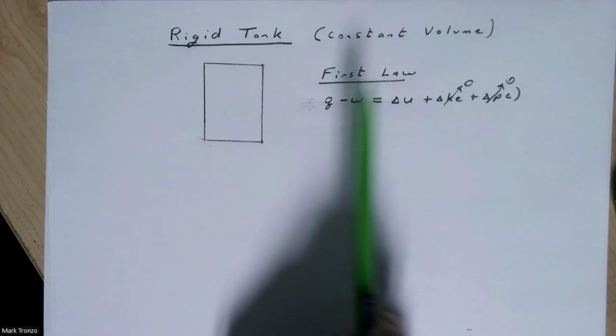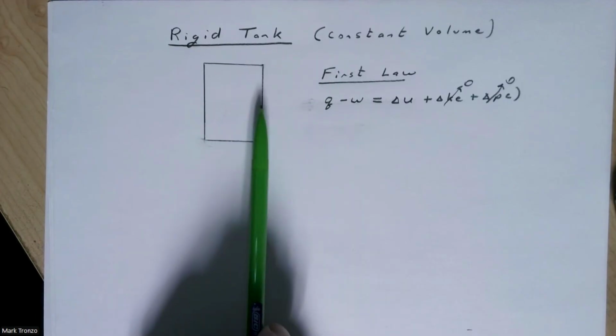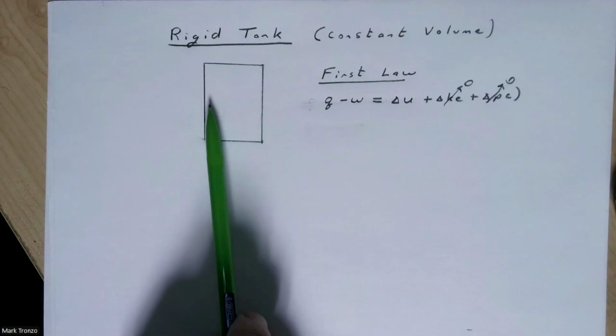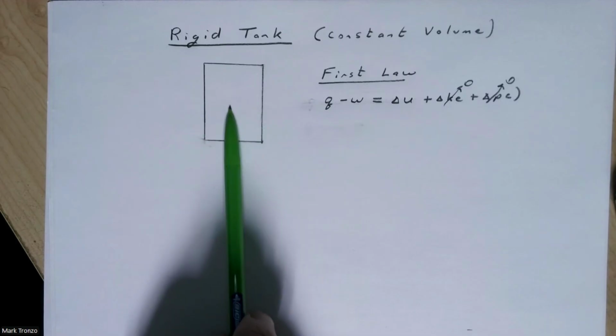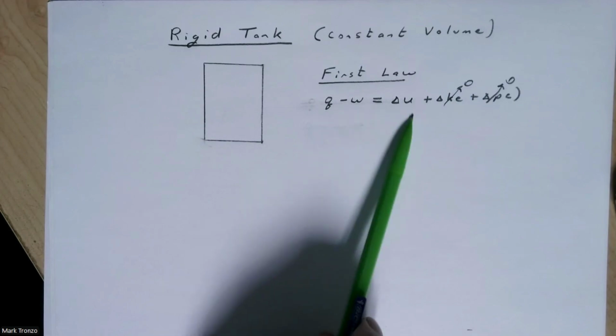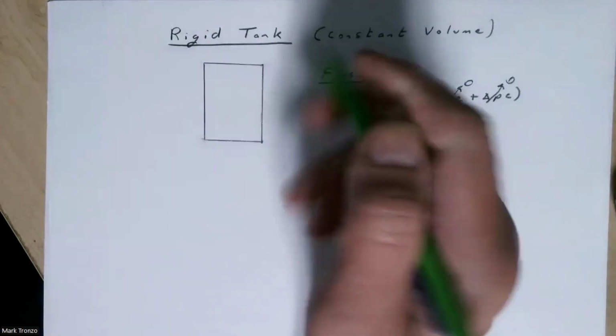And in most cases, the work is going to be zero, but there could be, like, say, a paddle wheel or something in here. We're probably not going to look at those applications in this video, but you could have that. So we'll leave the work in the equation.